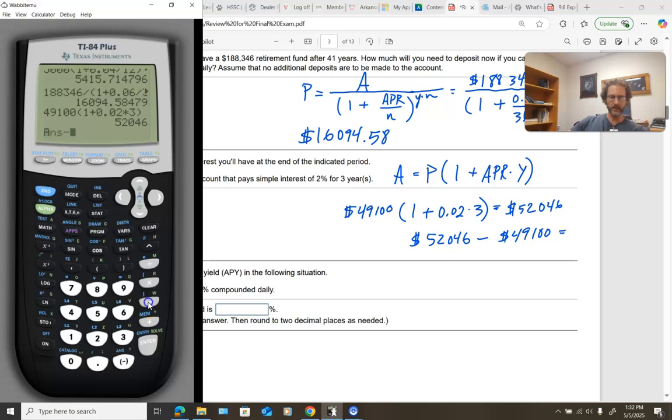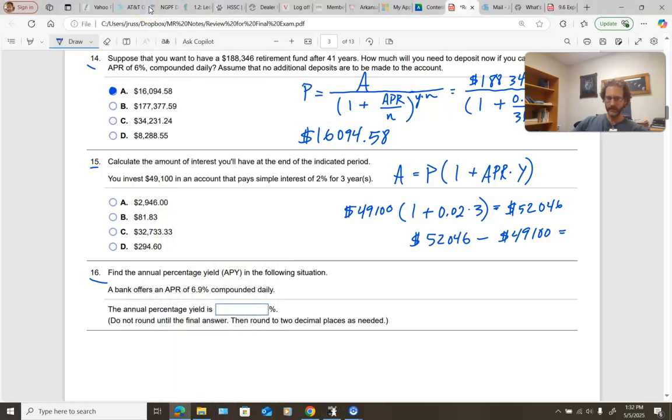So if I take that and subtract from it what we invested, this will tell us how much interest we've earned. $2,946. Okay, this can be choice A.